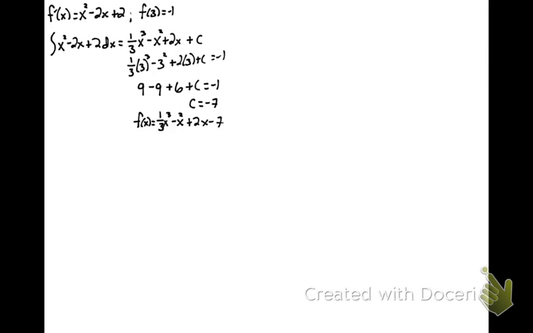Let's consider another example. In this case, we're given the second derivative, so better get some more room. I know that the second derivative of f is equal to 2. I also know that the derivative when x is 4 is equal to 1, and I know the original function when x is negative 1 is equal to 2. So I'd like to solve this by finding the original function.